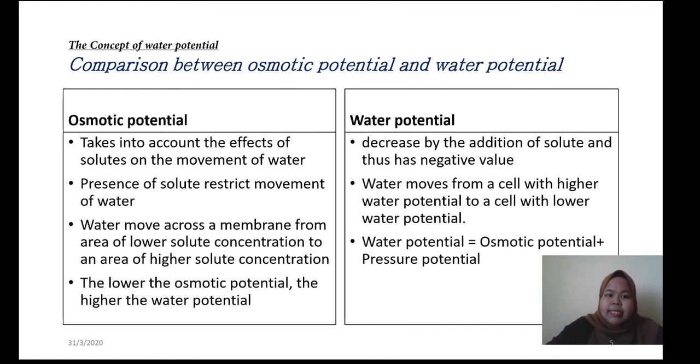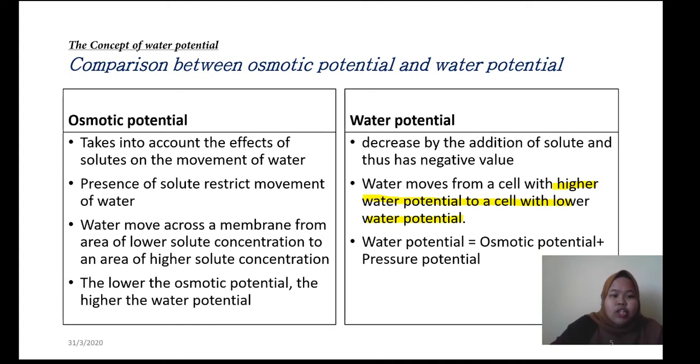Next, the comparison between osmotic potential and water potential. The major difference between these two types of potential is the movement of water. As I already said in slide number 3, in water potential, water moves from a cell with higher water potential to a cell with lower water potential.